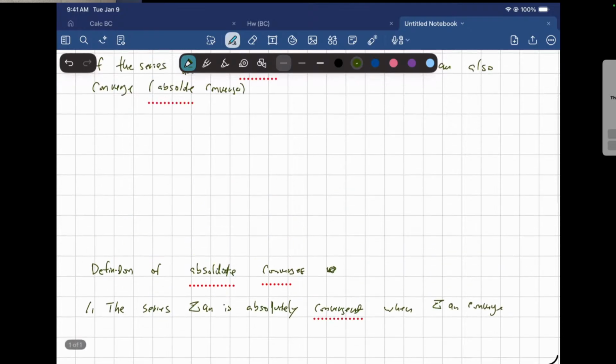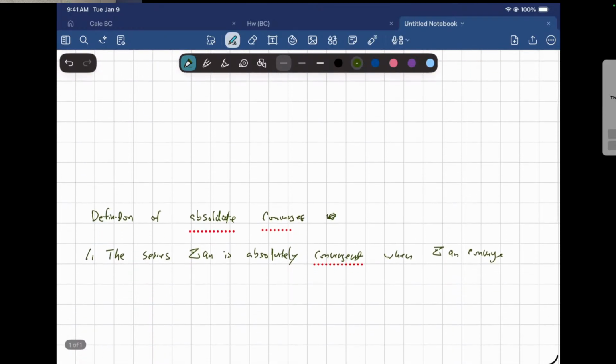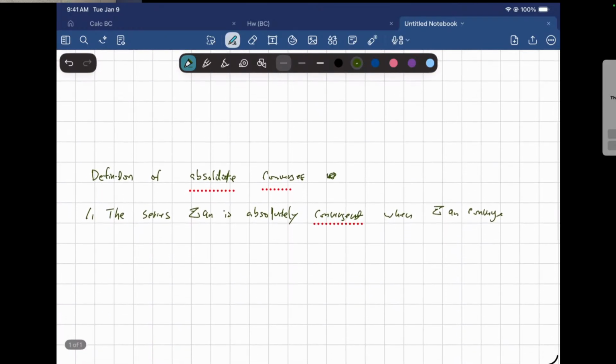So it's kind of like the previous statement. At the same time, we're going to talk about conditional convergence. If the absolute value of the series converges, then the series also converges.